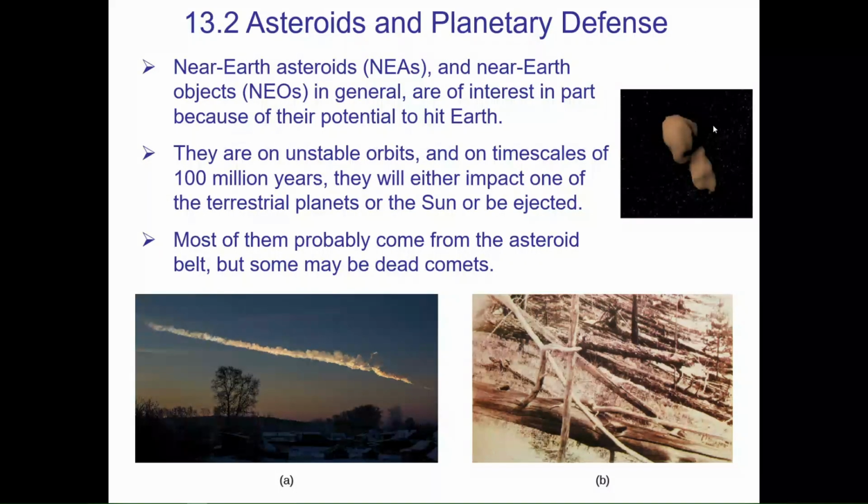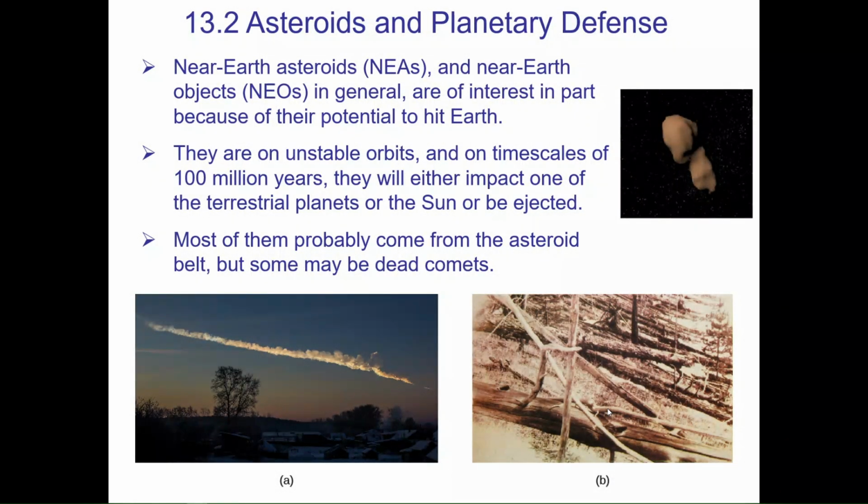Although the size is not very large, if it hits the surface of Earth, it will of course result in a big disaster. Even during the recent history of the Earth, we did have some asteroid impacts. A very large one happened in 1908. It was an asteroid 16 meters in diameter.